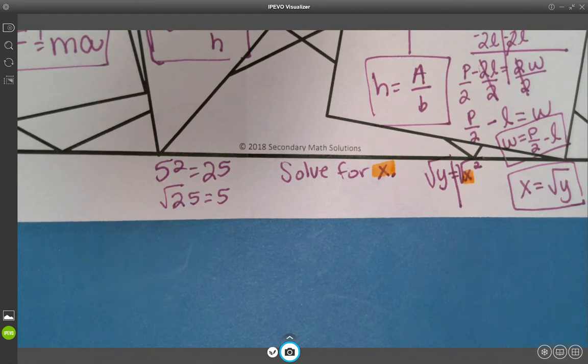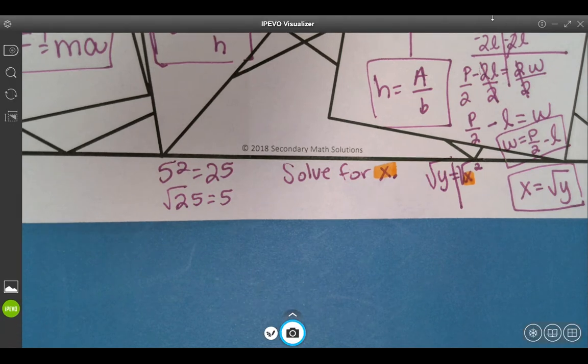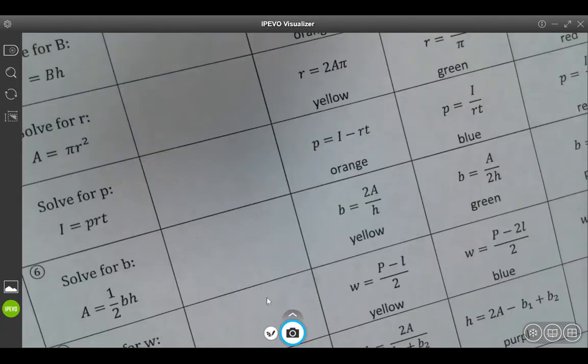I'm going to tell you what you're going to do on your assignment now. You're going to glue this in on the next page. Page 14. So let's look at the assignment.